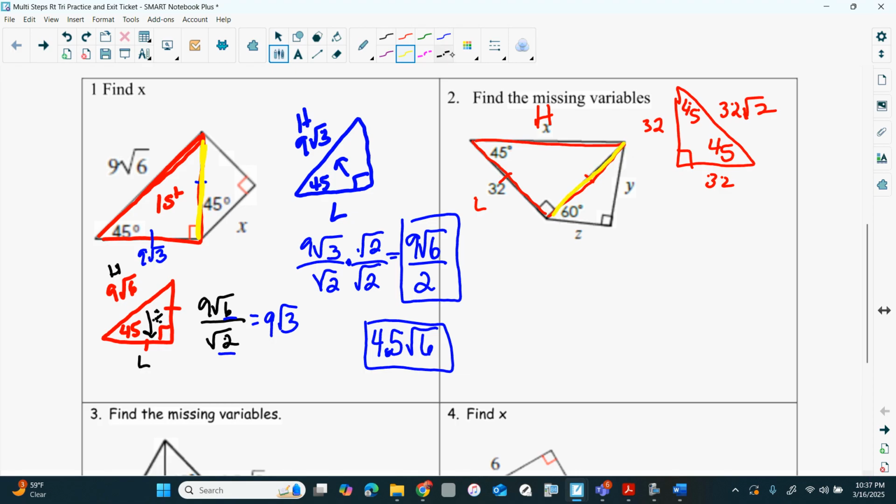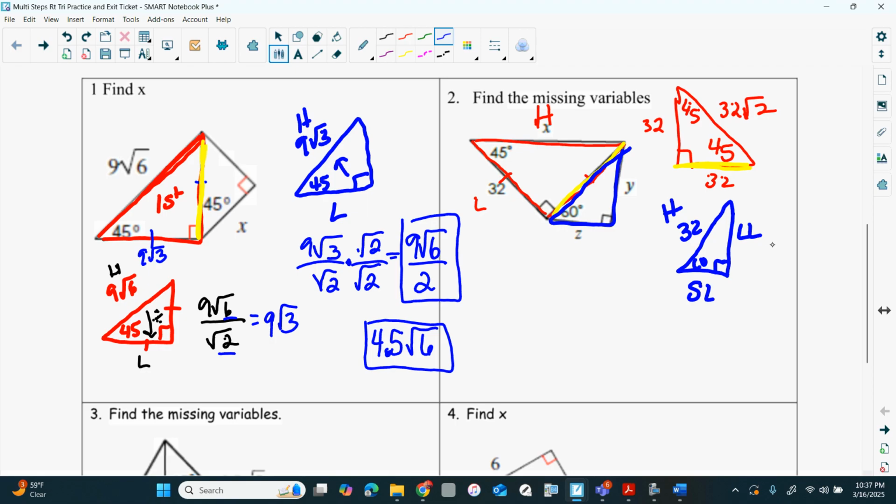It's this leg here in the right isosceles. But now when I go to the triangle next to it, I'm going to draw it not to scale, but that part that we know is 32 is the hypotenuse. Okay, and we have a 30, 60, 90 triangle. So this is the hypotenuse, this is the short leg, this is the long leg.